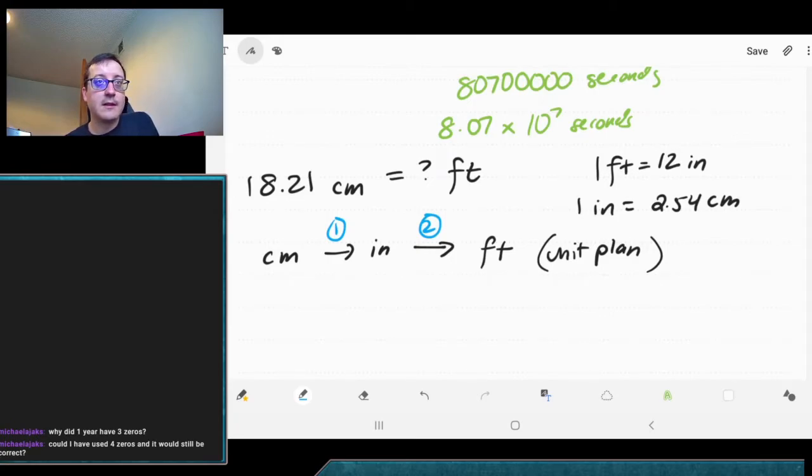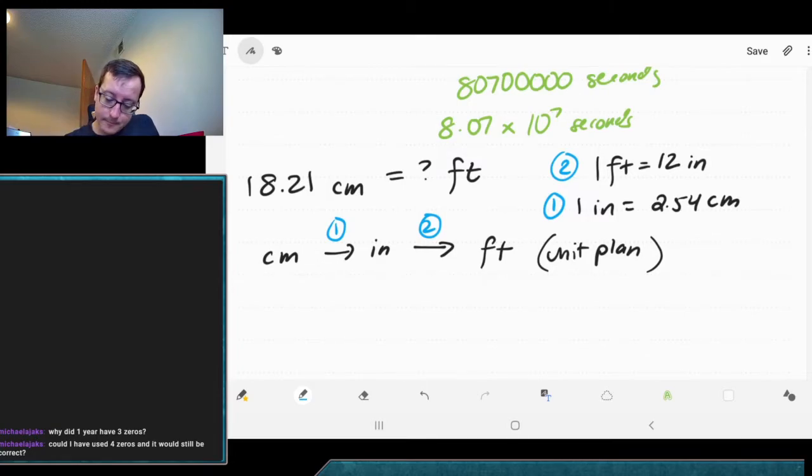So let's keep looking. The second conversion factor has inches and centimeters. And we see, that's exactly what we're doing in our first conversion. So this will be our first conversion factor that we're going to use. And then our second one will be going from inches to feet. So that'll be this top factor here.